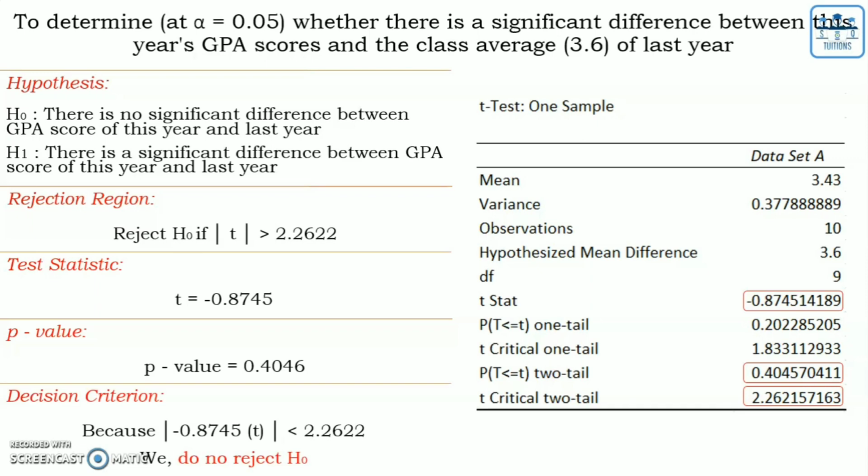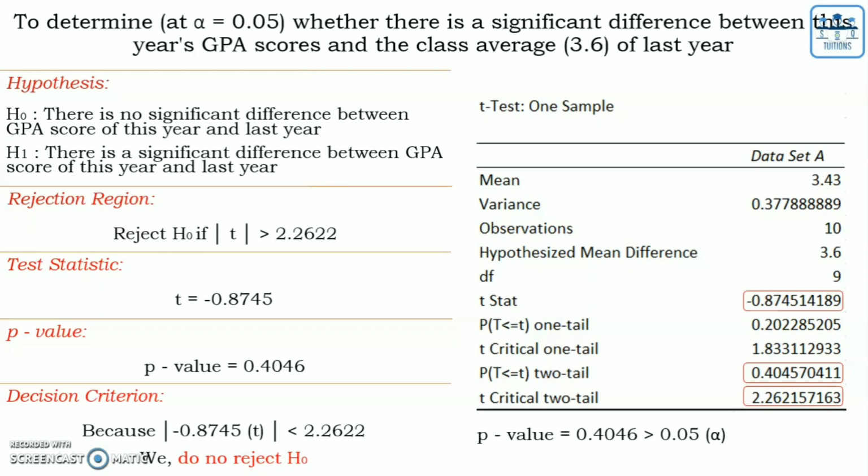Because modulus of minus 0.8745 is less than 2.2622, we do not reject H0. Another way to look at this is we compare the p-value with the alpha value. If the p-value 0.4046 would have been lesser than the alpha value, we would have rejected H0.